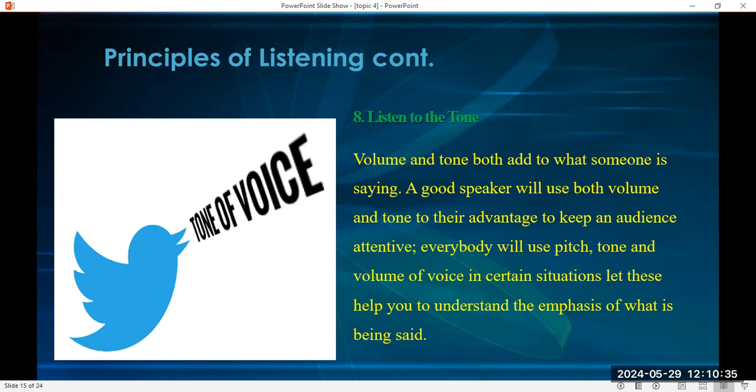Everybody will use pitch, tone, and volume of voice in certain situations. These situations will help you understand the emphasis of what is being said. For example, if you find that a certain volume and tone has been used, especially when the teacher is emphasizing cards and assignment, know that that one is serious, or that one is not that serious, something like that.